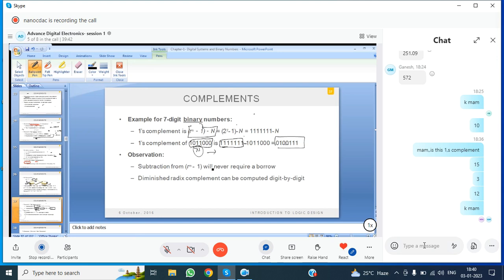Here what you observe is that if you are subtracting from r power n minus 1, it doesn't require a borrow. So here the diminished radix complement can be computed digit by digit for a 7-bit binary number. I will tell you one more example. Let's see.